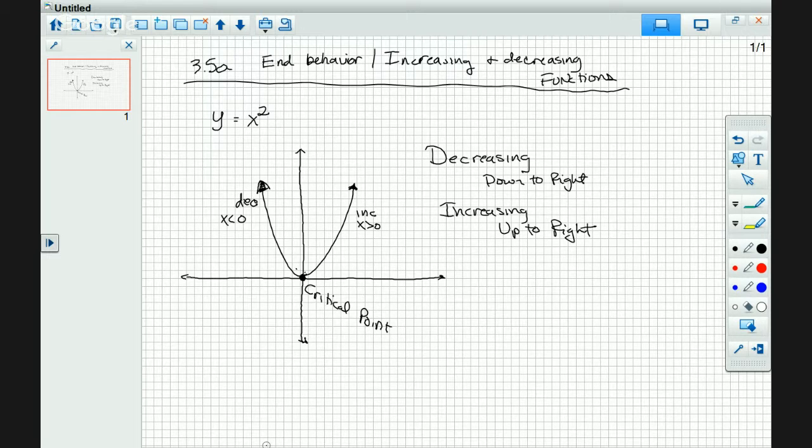You want a more formal definition? This is how your book puts it, for increasing.